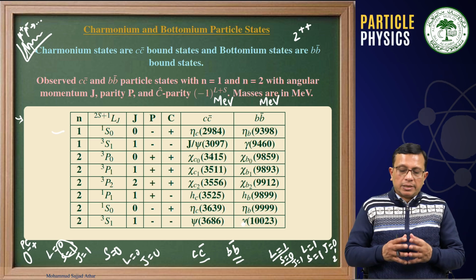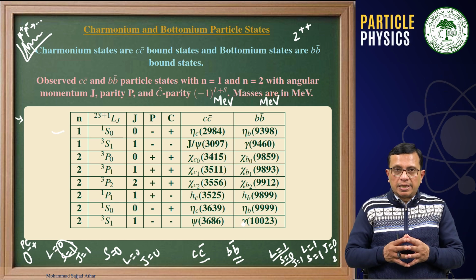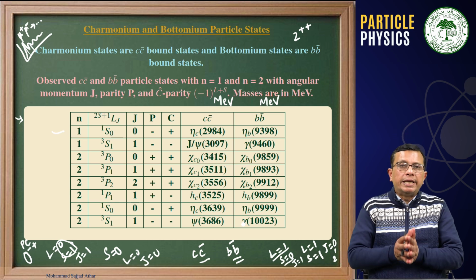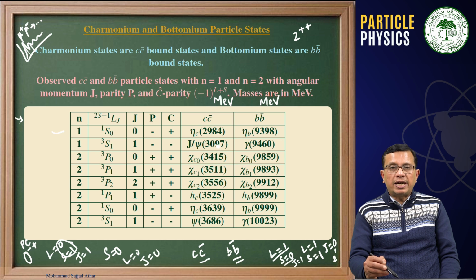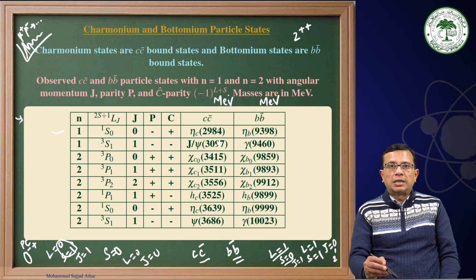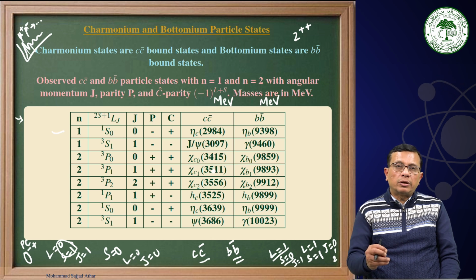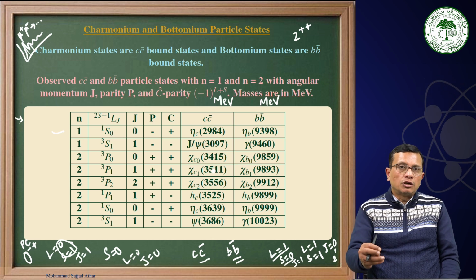But mind it, these resonant states are not equally spaced in energy, as you can find out that one is at 2984 center of mass energy, another is at 3097, but this first and second difference in center of mass energy is different from the second and third, and that is different from the third and fourth, and so on.